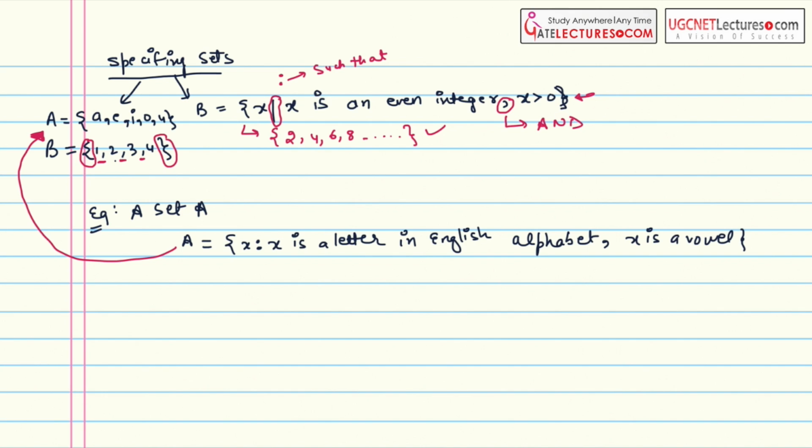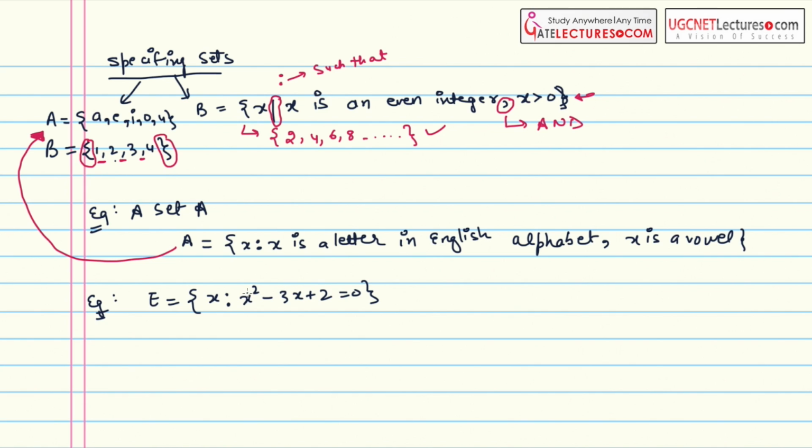We can also give a set something like this. We can say there's a set E which is {X such that X square minus 3x plus 2 is equal to 0}.